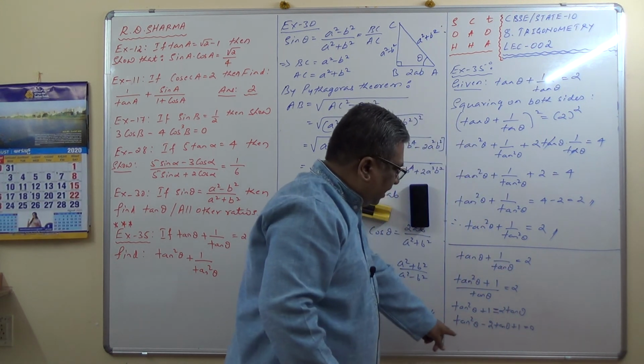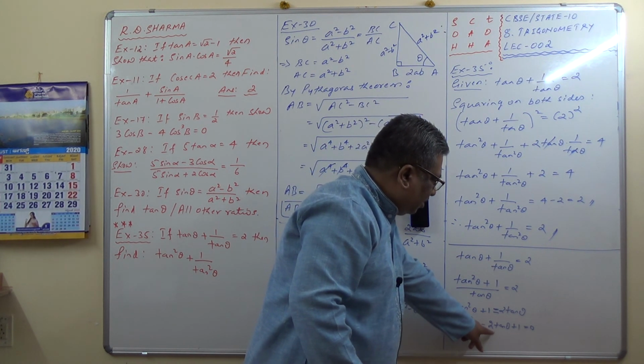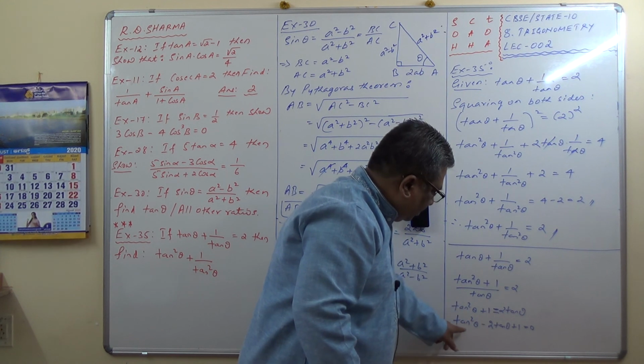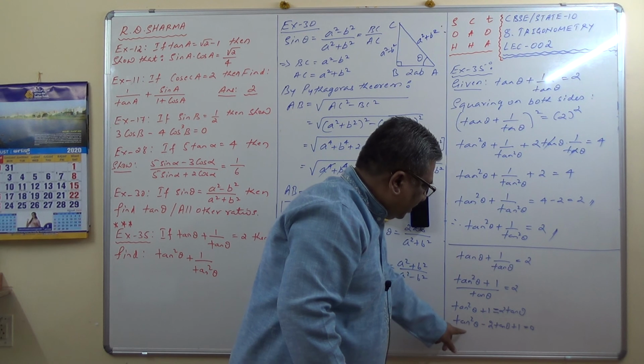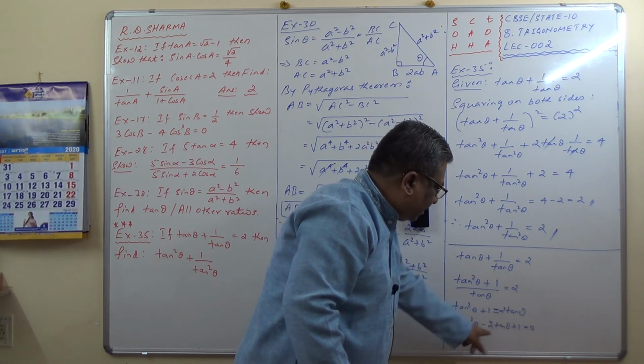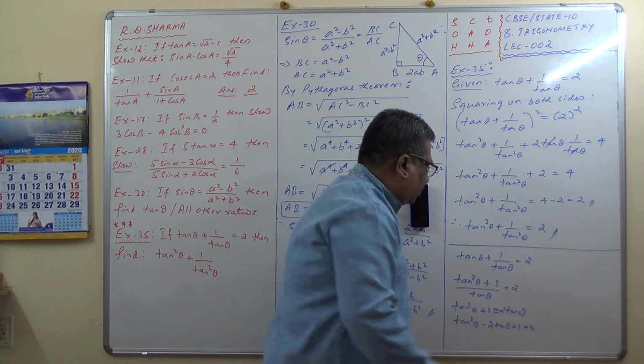See, is it something like a square minus 2ab plus b square? Can you find the expansion of this one? This is definitely tan theta minus 1, the whole square.